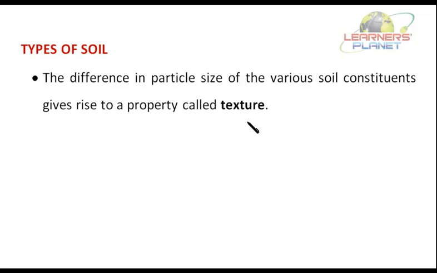As we discussed, the composition of soil is a mixture of different things; in the same way, different types of soil and their properties depend upon texture, color, size, etc. Not the shape, but the size of particles, right? So the difference in particle size of various soil constituents gives rise to a property called texture.